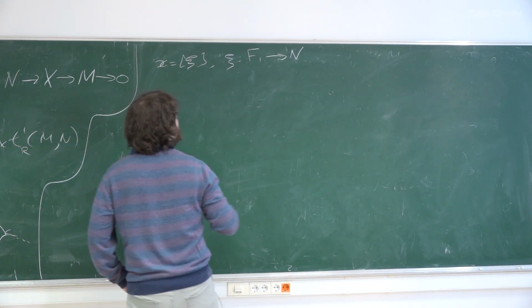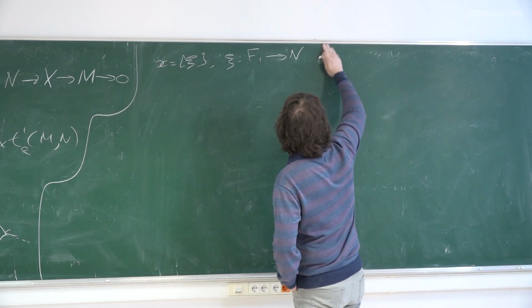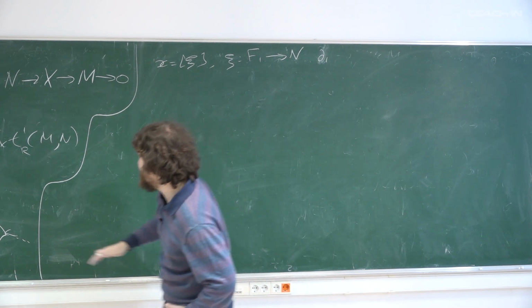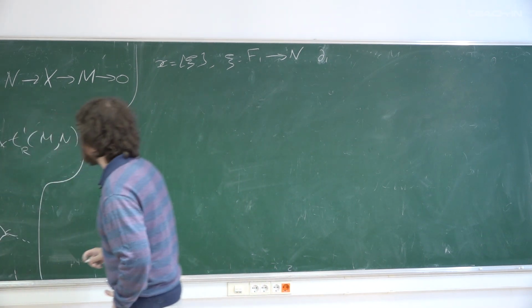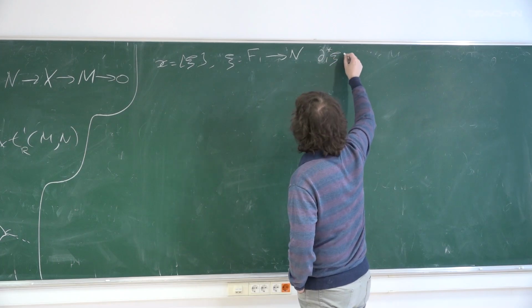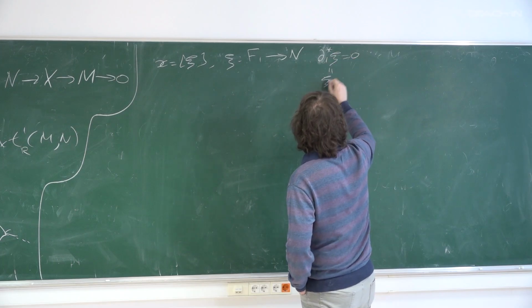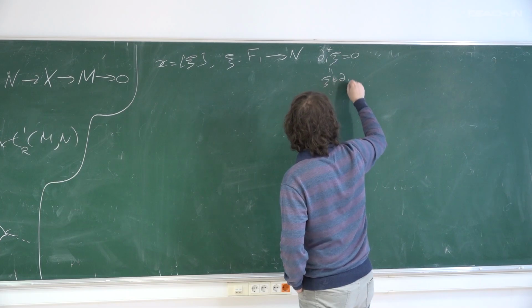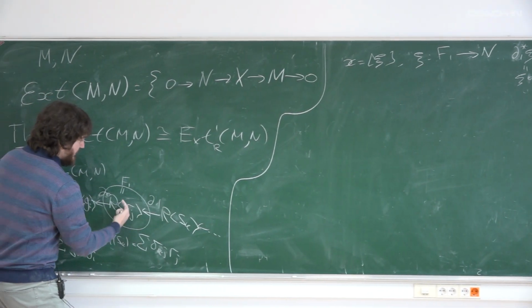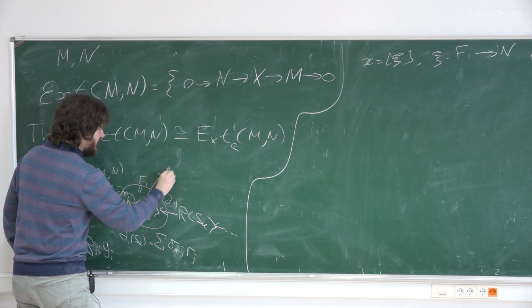So the composition of xi with d1 must be 0, that is, d1 and then this map to N must be 0.